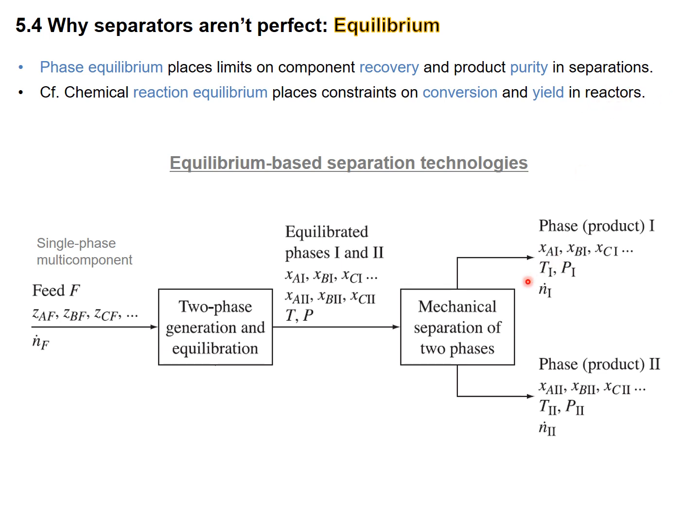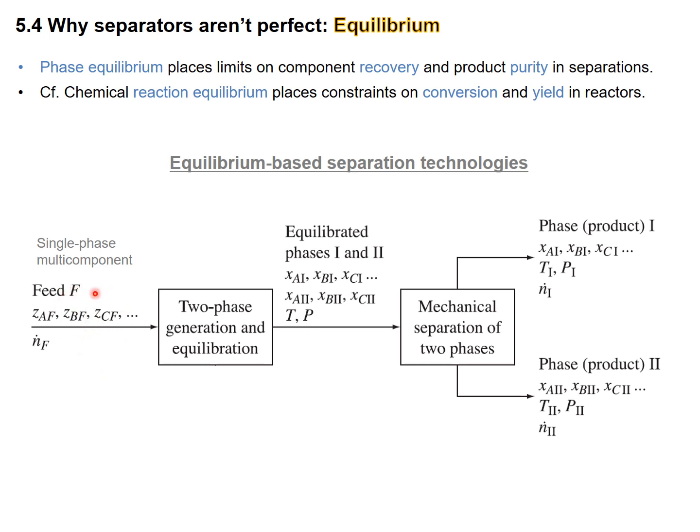Let me think about some process for the equilibrium-based separation technologies. In the feed stream, we have a single-phase multi-component mixture. The total feed rate is like that in moles, and the mass fraction or mole fraction of A and B and C and so on in the feedstock or feed stream.